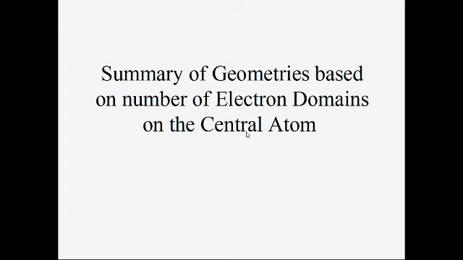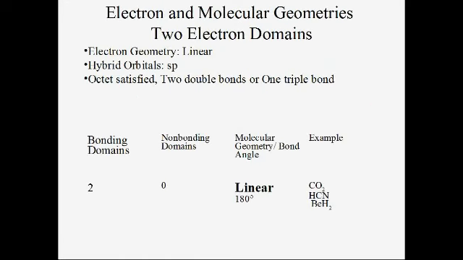So just to summarize some of the geometries based on the number of electron domains on the central atom. If we have 2 electron domains, we're going to have a linear molecular structure. So we're saying 2 bonding domains.